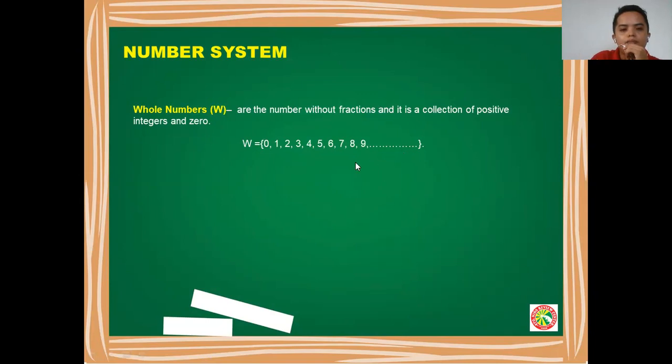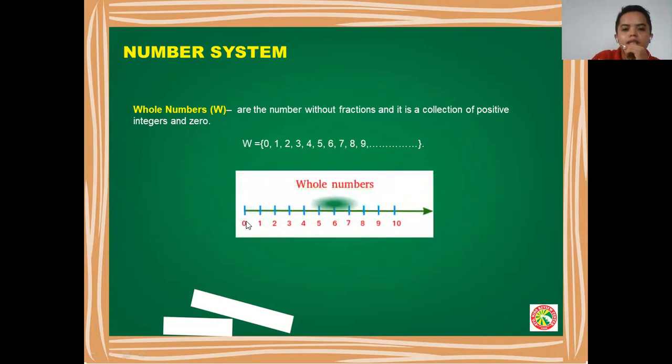So in short, 0 plus natural numbers or counting numbers, that defines your whole numbers. If it is in the number line, it goes from 0, 1 up to infinite positive.